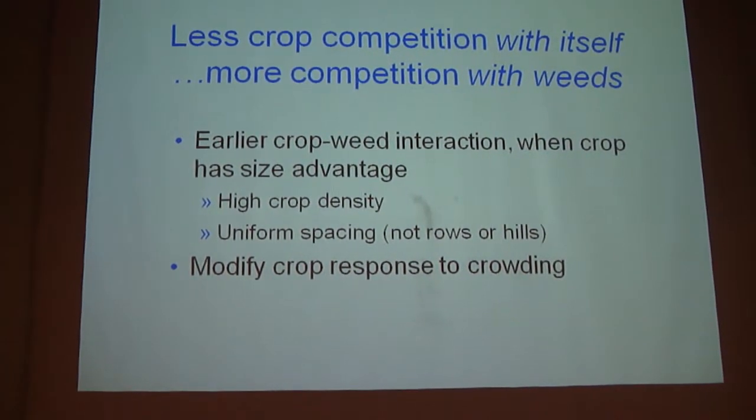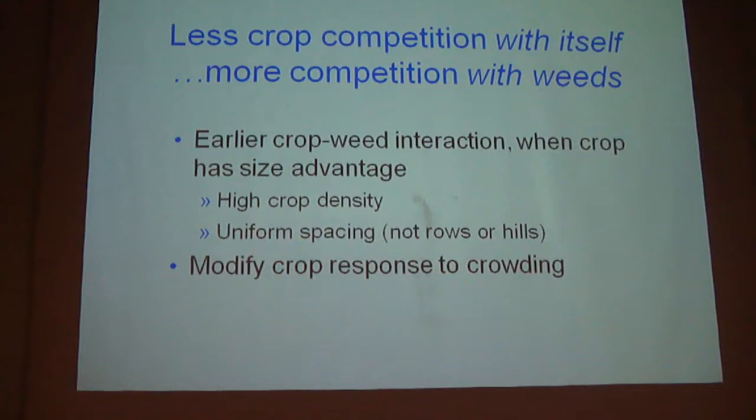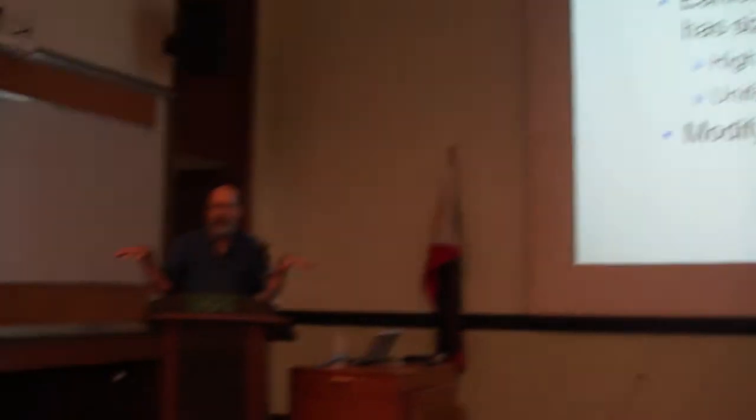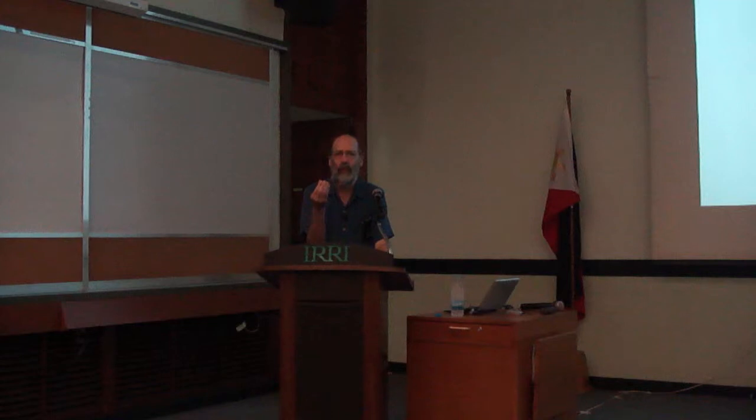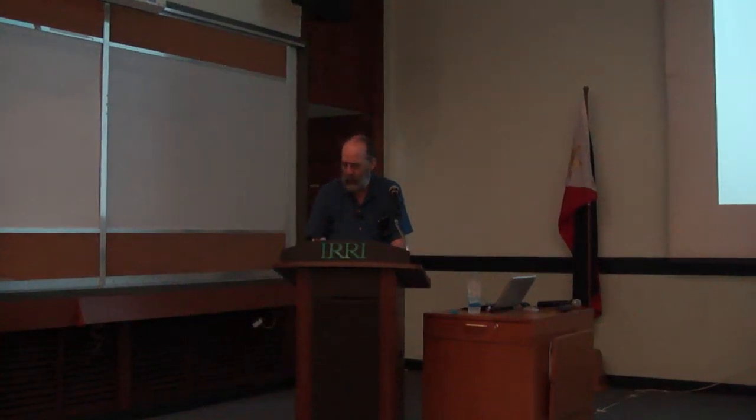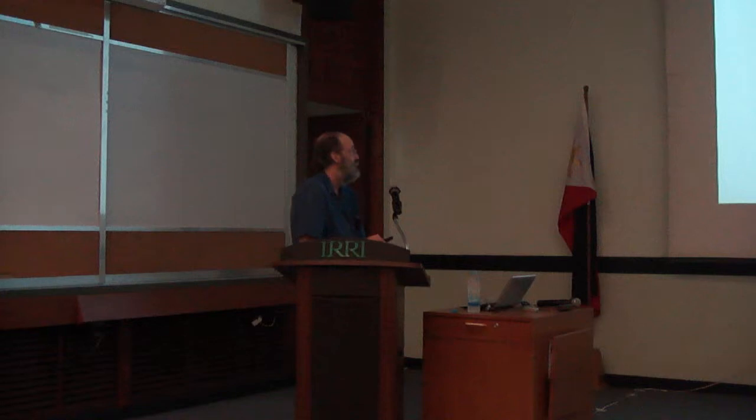If crop seedlings are arranged in rows, as in wheat, or in hills, as in rice, then very early in their development you have rice competing with rice, or wheat competing with wheat, and meanwhile, the weeds are at some distance away, many of them, and not being suppressed by the crop. So uniform spacing is important.